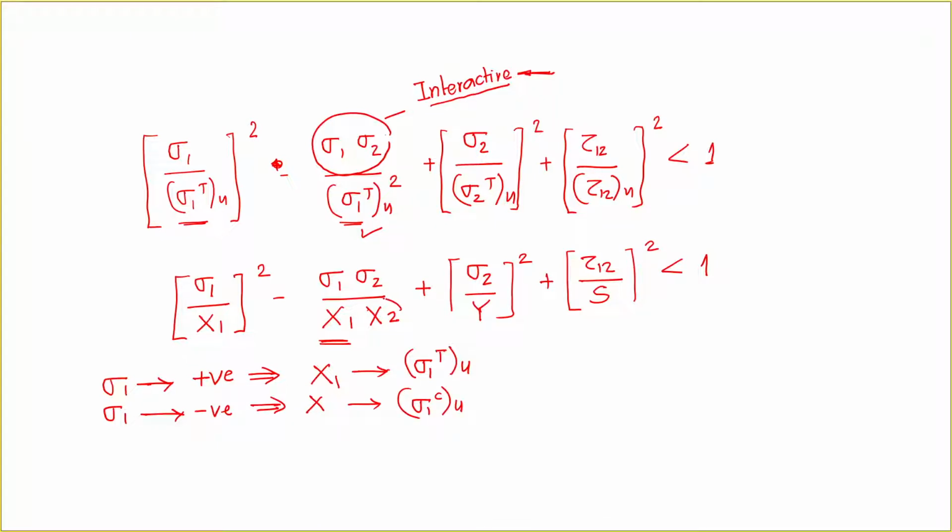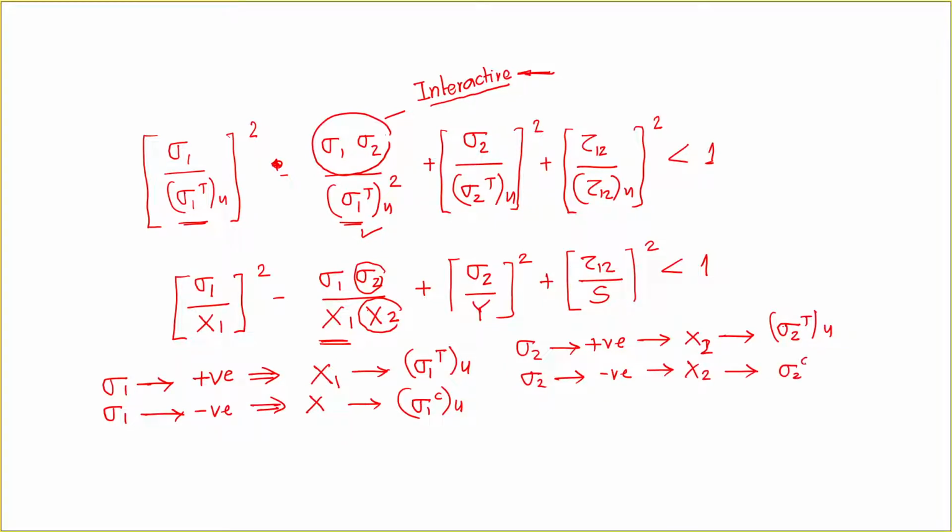Similarly, since this X2 corresponds to sigma 2, if sigma 2 is positive, X2 takes the value of sigma 2tu. If sigma 2 is negative, X2 takes the value of sigma 2cu.